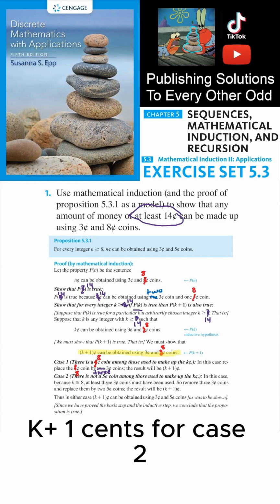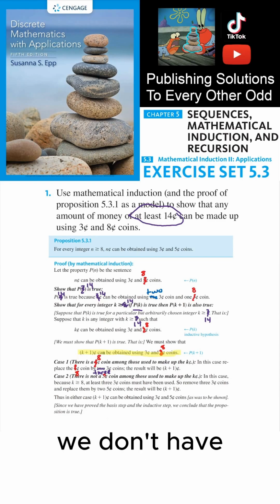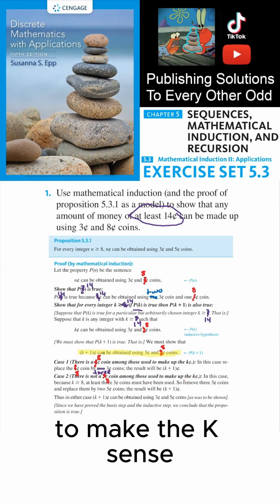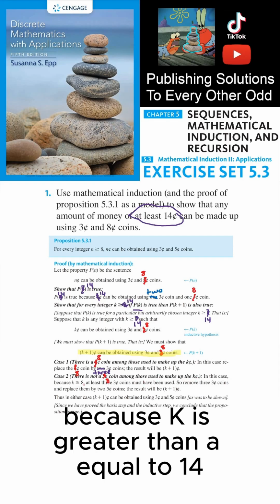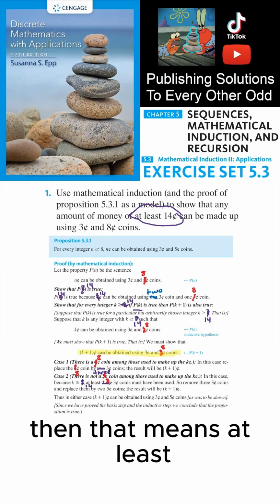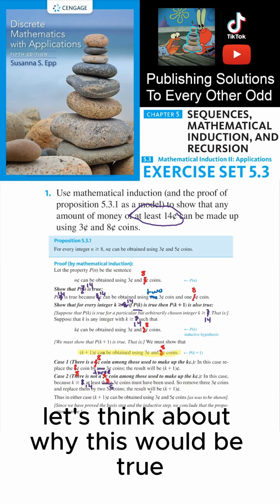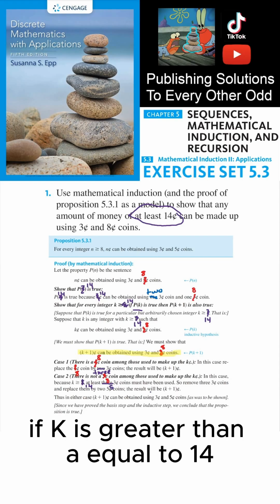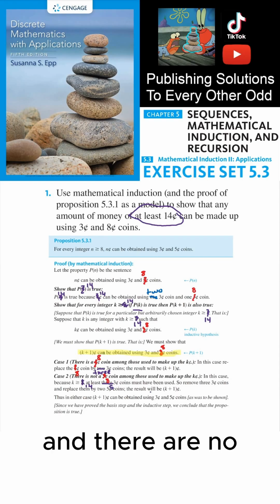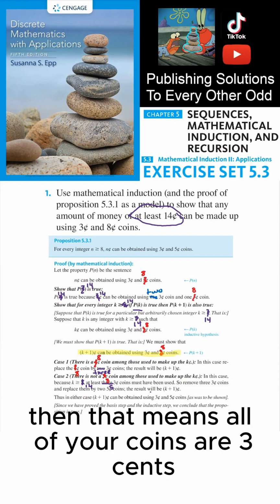For case 2, we don't have an 8-cent coin among those used to make the k cents. In this case, because k is greater than or equal to 14, that means at least 5 3-cent coins must be used. Let's think about why this would be true. If k is greater than or equal to 14 and there are no 8-cent coins, then all of your coins are 3 cents.